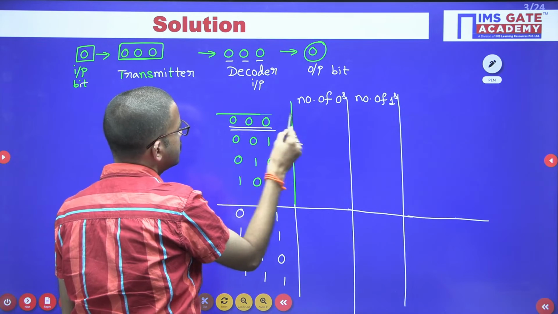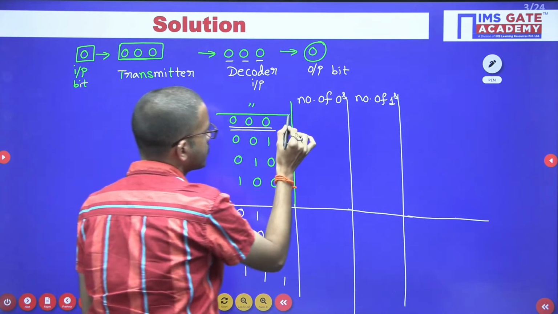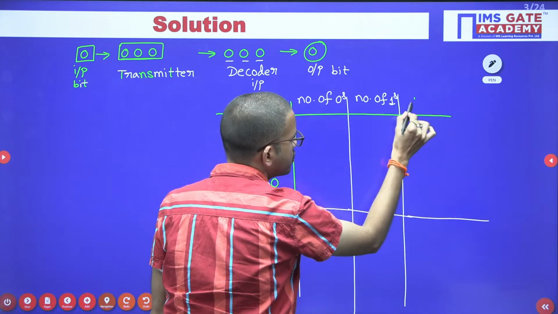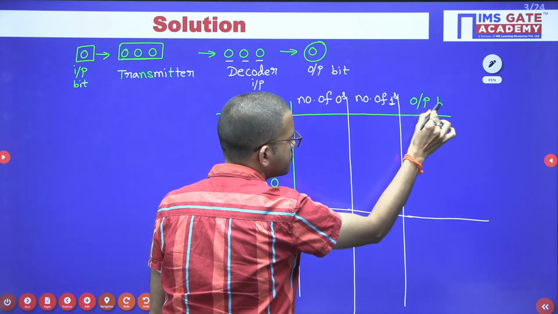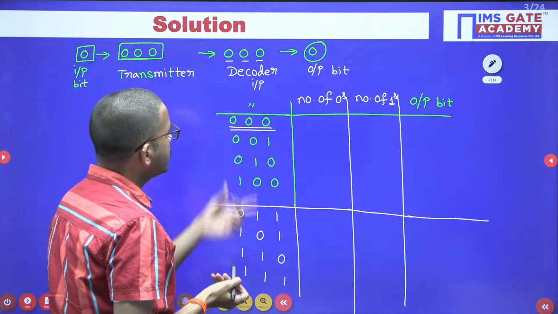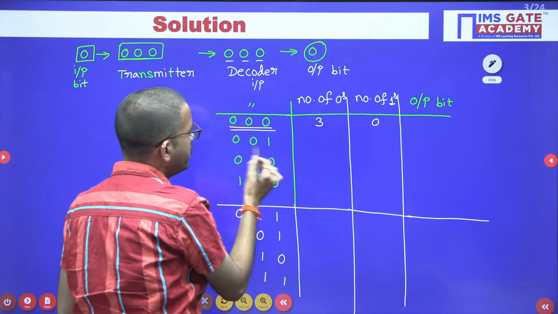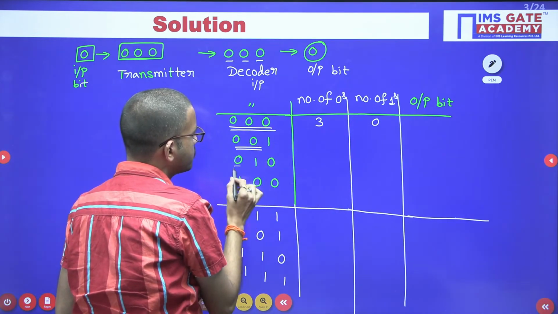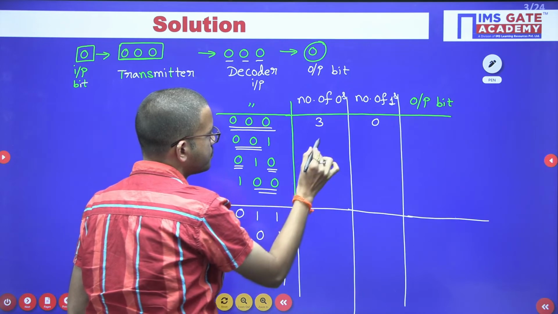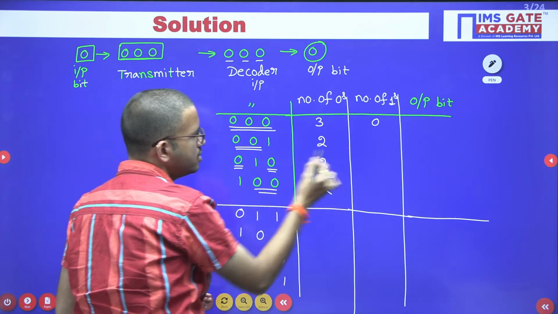So these are the combinations you are going to get at the decoder input, and here you are going to get the output bit. Okay, here number of zeros is 3, number of ones is 0. Here number of zeros is 2, whereas number of ones is 1.